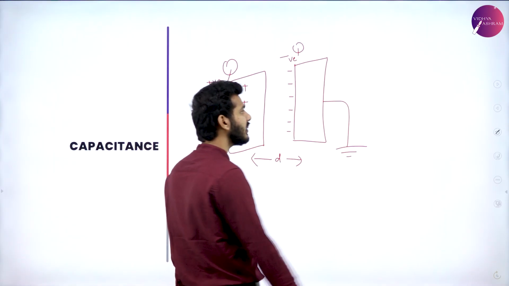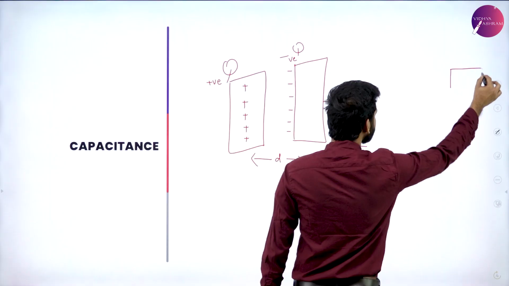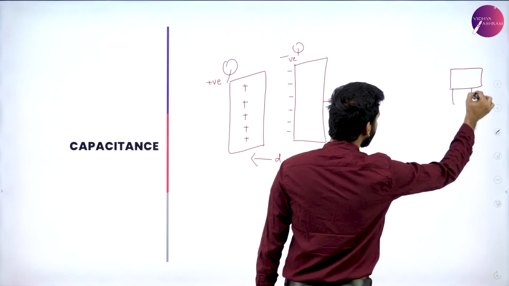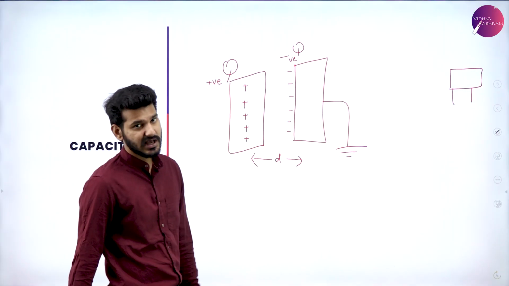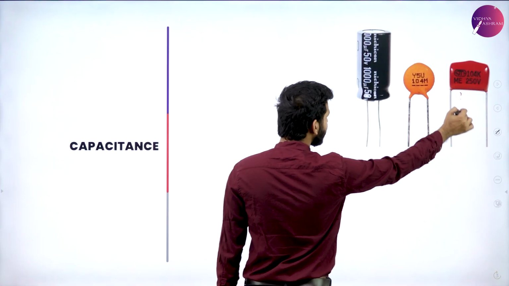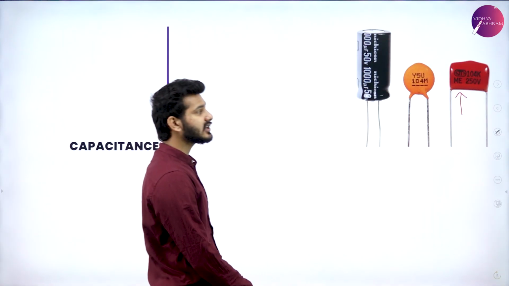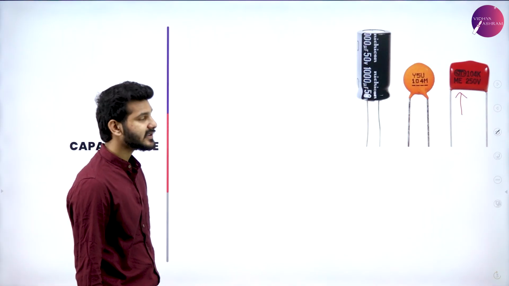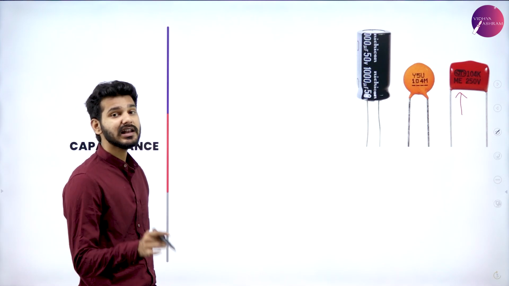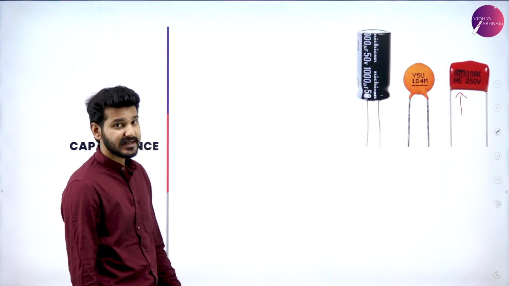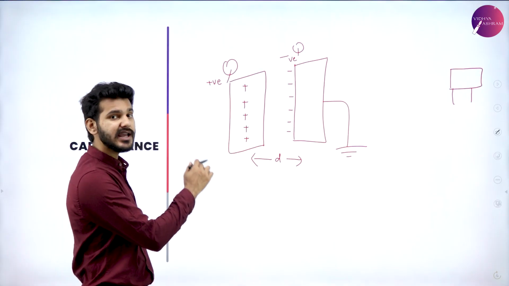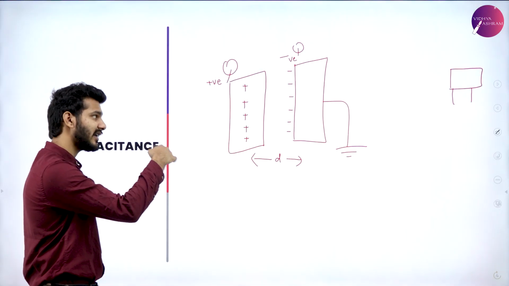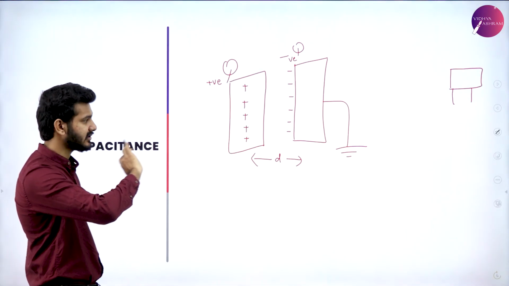Remember when I said we are going to focus on a particular guy? That particular shape was this. This particular shape and this particular capacitor is known as a parallel plate capacitor. That is, two plates are arranged in a manner so that it acts as a capacitor.